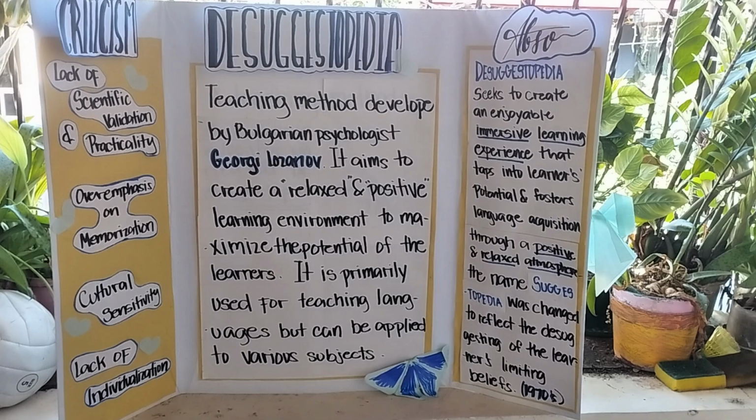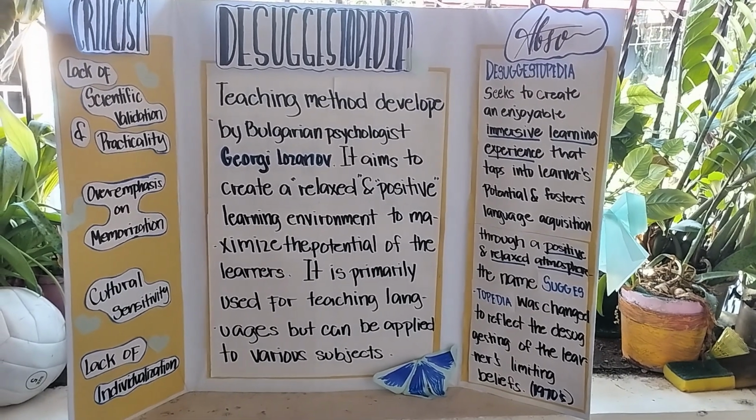Desuggestopedia was seen as somewhat confusing and often carried negative connotations because of the DE prefix, which might imply the process of undoing or negating. So to change this, he renamed it Suggestopedia, focusing on the power of positive suggestion to enhance learning.